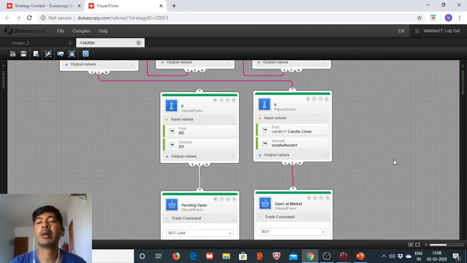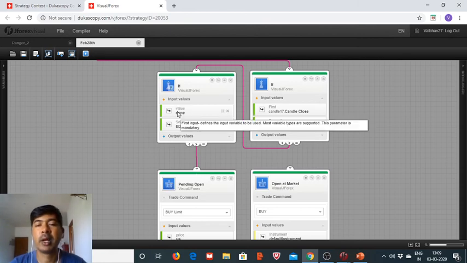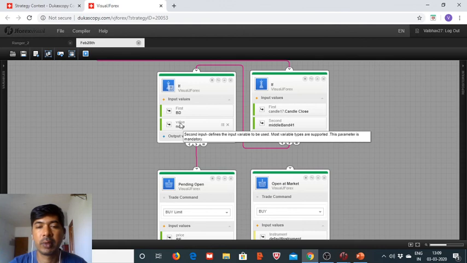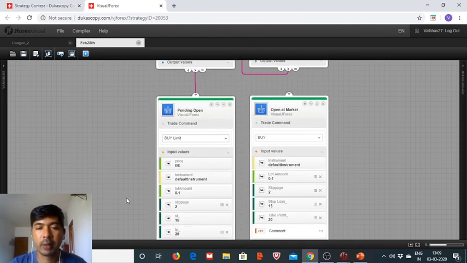Now, the candle close should be greater than the middle band. That's all right, so we connect it here. We drop that, and when the difference between the last tick and the middle band is greater than 10 pips, so there is a buy difference and there is the execution difference of 10 pips. Whenever it is greater, we will place the order 10 pips lower.